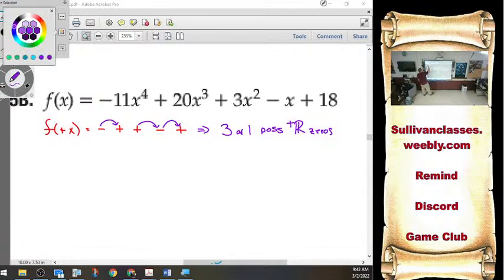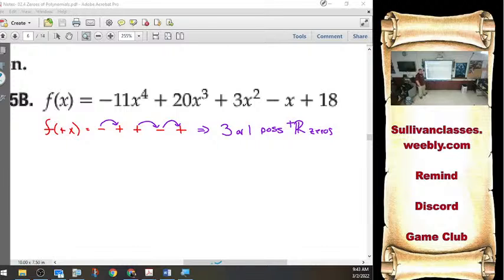Always down in pairs. If it was 9 sign changes, it'd be 9 or 7 or 5 or 3 or 1. Because these are possible real zeros. If they weren't real, they had to be imaginary. And if they were imaginary, they happened in pairs. So I have to take that total and keep bringing it down in pairs.